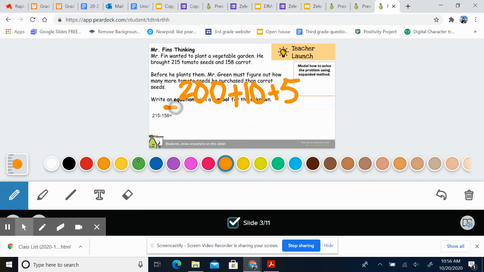I'm still subtracting, and I have to expand 158. You'll see the 1 in the hundreds place represents 100. The 5 in the tens place represents 50. I know that because if I count by tens 5 times, 10, 20, 30, 40, 50. And then we have an 8 in the ones place.